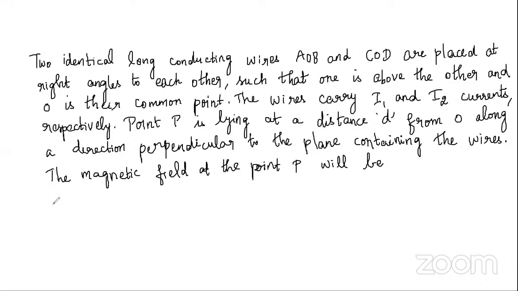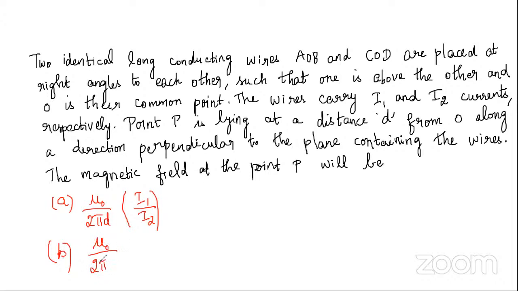Now I am writing the options here. Option A: mu naught by 2 pi d into I1 by I2. Option B: mu naught by 2 pi d into I1 plus I2.